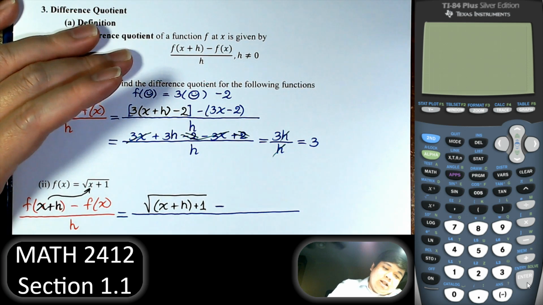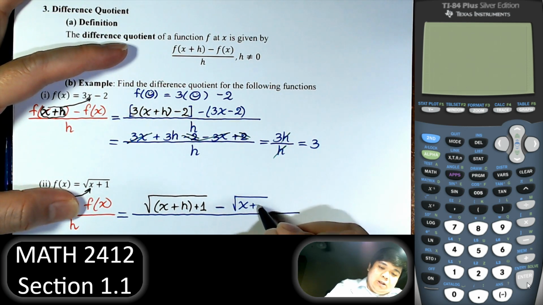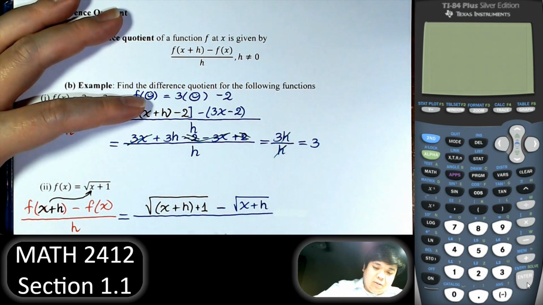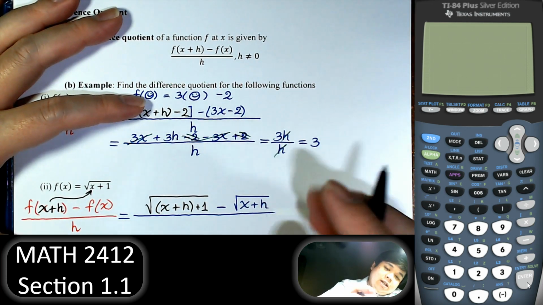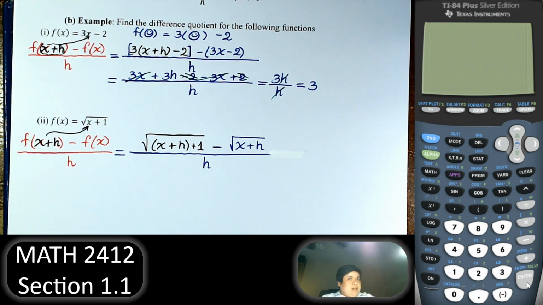And then subtract f of x, which is the original function, all of that over h. So we'll try to simplify this.